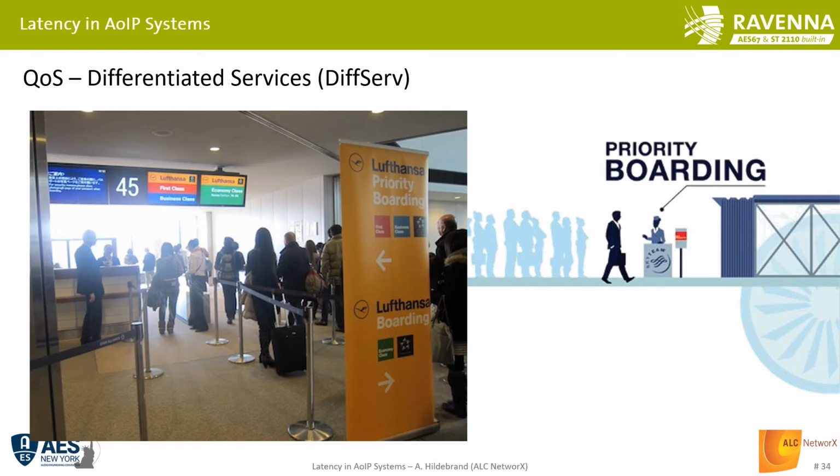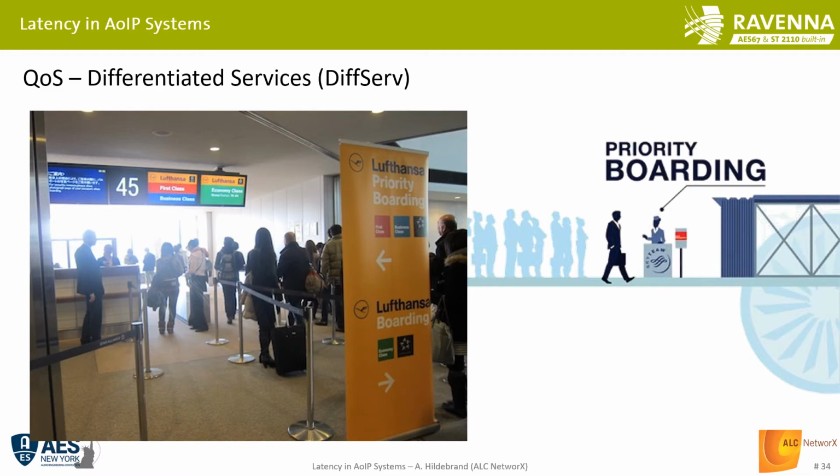And that's what happens with our audio packets. They are traveling at least business class, right? And if not, there's a high probability that they build up some packet delay variation depending on how many people are waiting in the economy line. So that's quality of service, specifically differentiated services, which is a standard mechanism available on the network.